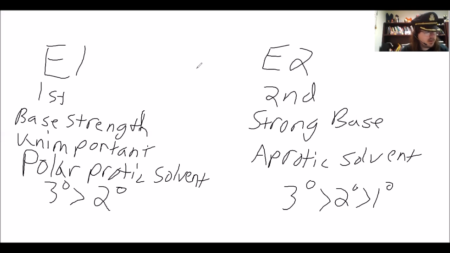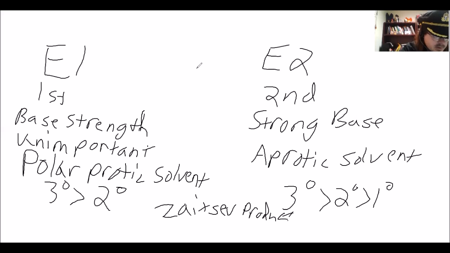Now, no matter what, you're going to be trying to form Zaitsev's product. We'll talk about this in a few seconds. Zaitsev's product is going to be the more substituted product.